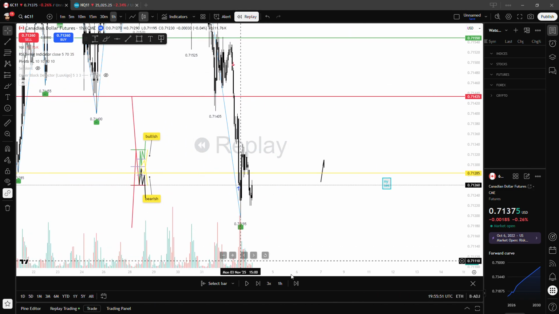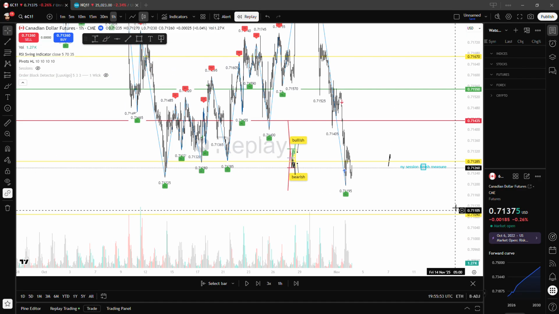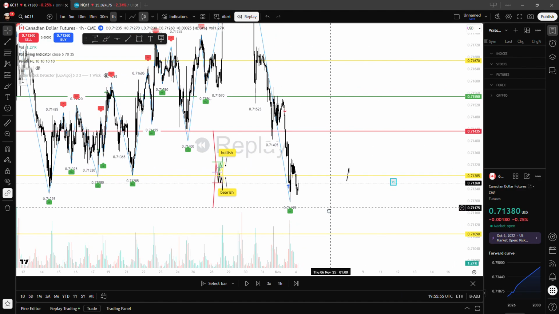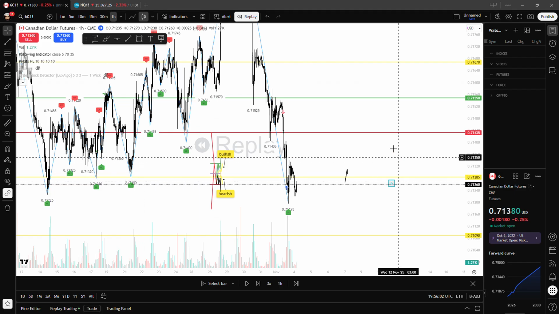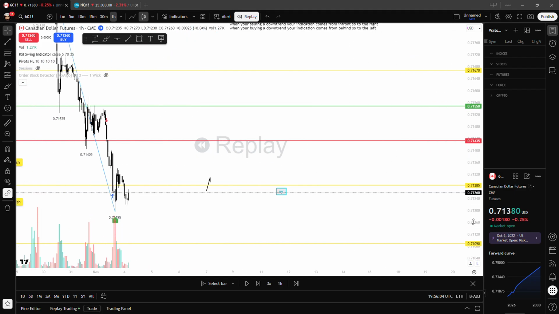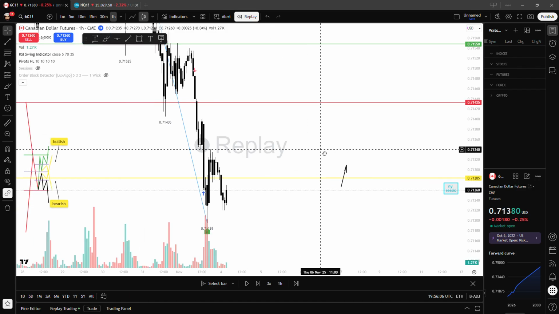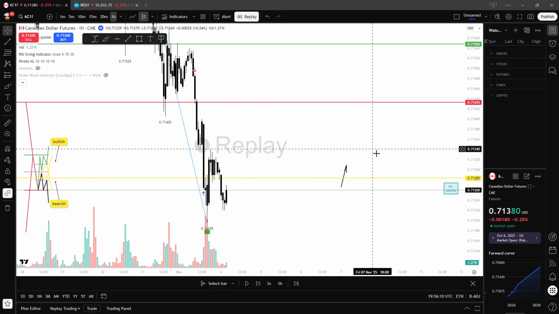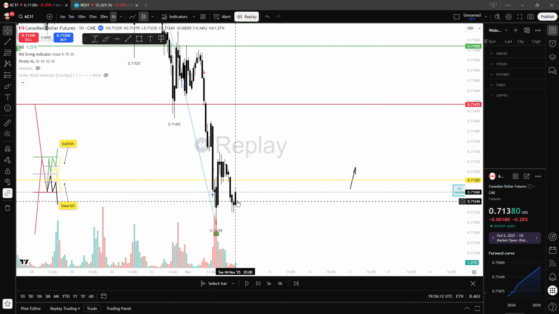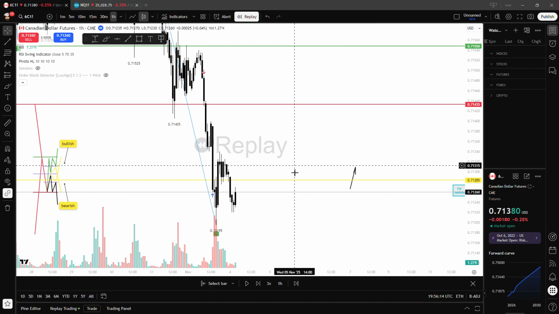But let's keep going. Because we're selling the downtrend, we got our indication from behind. So if I want to buy this downtrend instead, I'd be waiting for an indication.